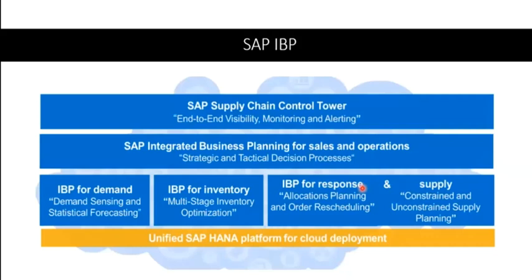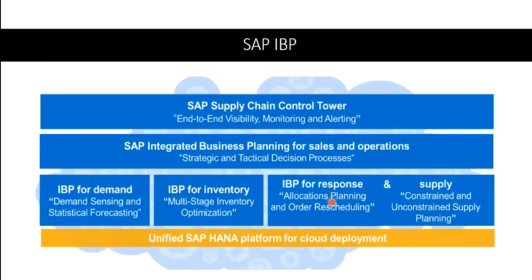Similarly, response is the replica of the CTM which was there in APO, where we can define different priorities and rules. We can consider sales orders and perform all that planning in IBP response. Apart from that, we can perform the basic ATP check, and product allocation also we can check. But it is not that advanced compared to APO.